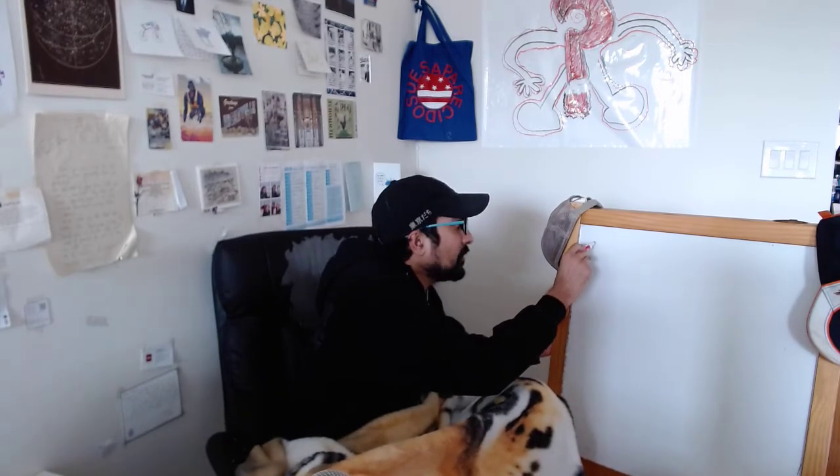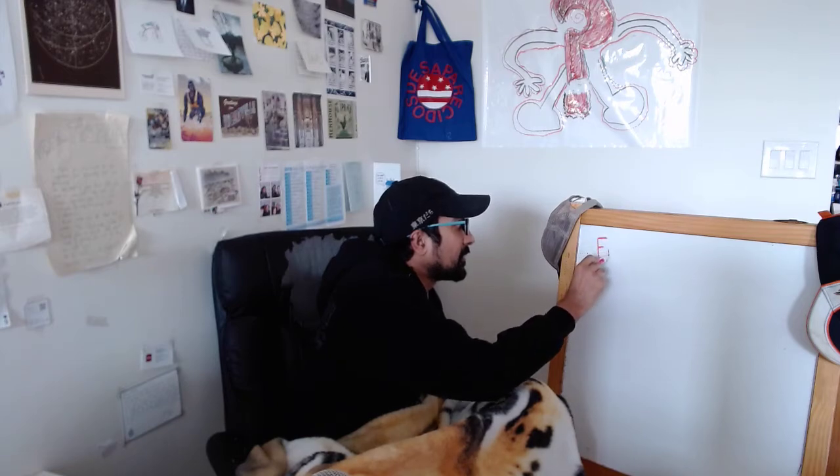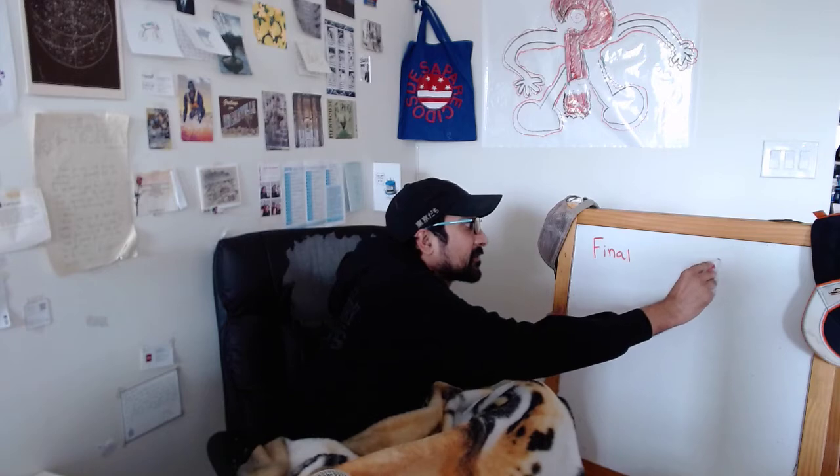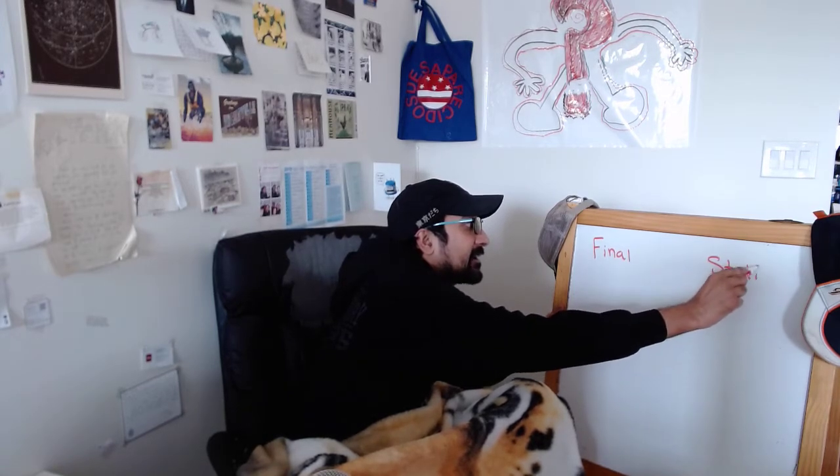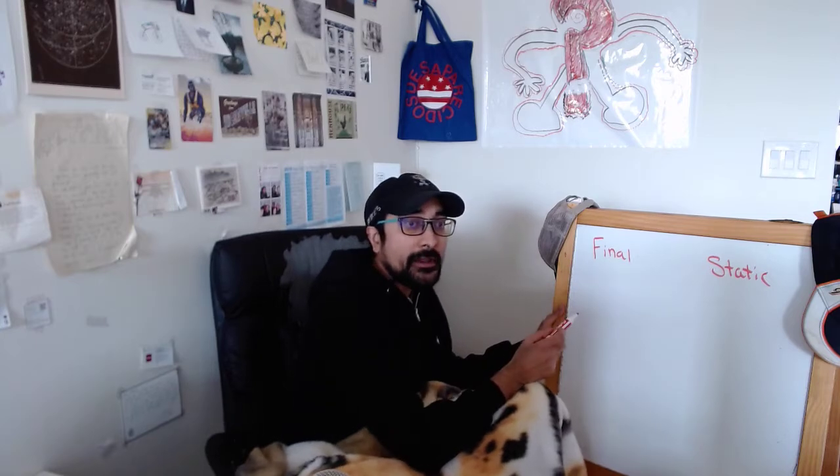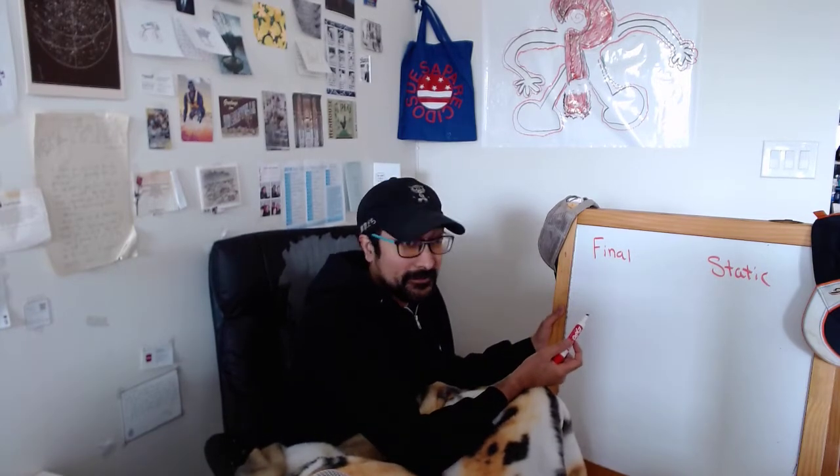Okay? So one of them is this term final. And one of them is this term static. Okay, so there's static and final. All right? And they're both modifiers to variables.